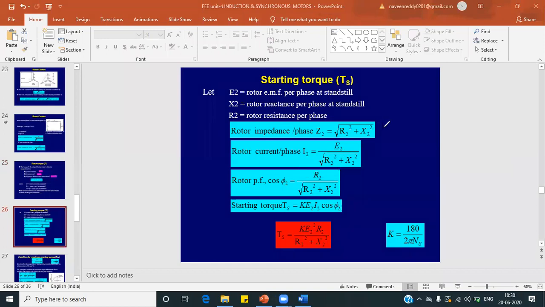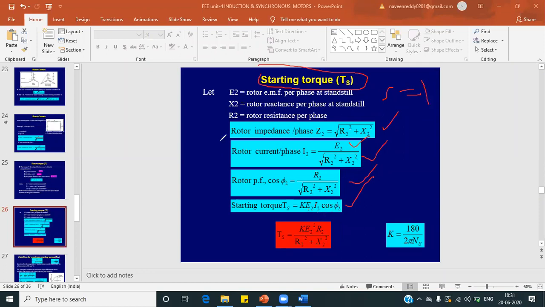We see Z2 is square root of R2 square plus X2 square, I2 is this, and rotor power factor is this. Now, if you replace the proportionality constant, that is K E2 I2 cos phi 2. Substitute all the things. What is the value of I2? This one. This is during starting, and starting means the value of slip S is equal to 1.